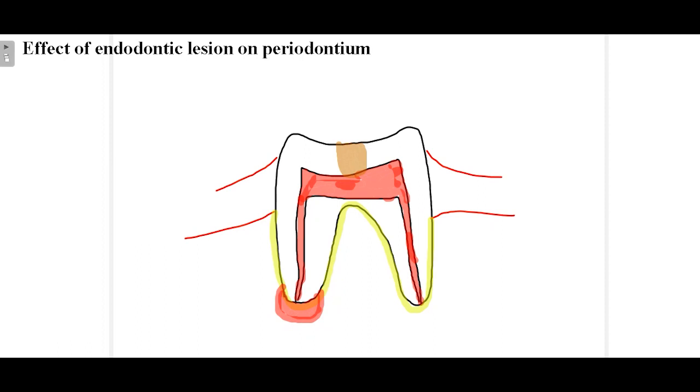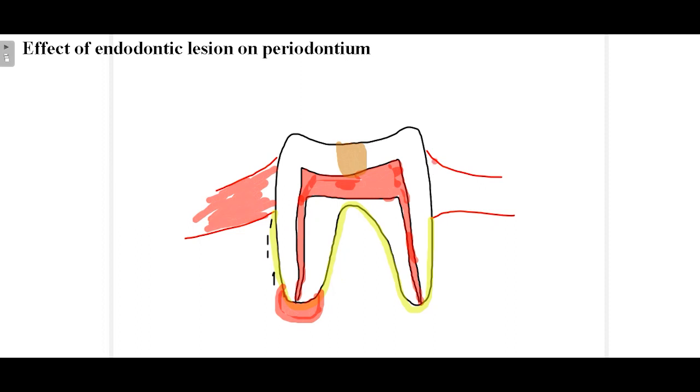Now as the bacteria are present in the periapical lesion, they then move towards the periodontium like this. When they move towards the periodontium, this results in inflammation in the periodontium, or mostly the gingiva and the periodontium as well.